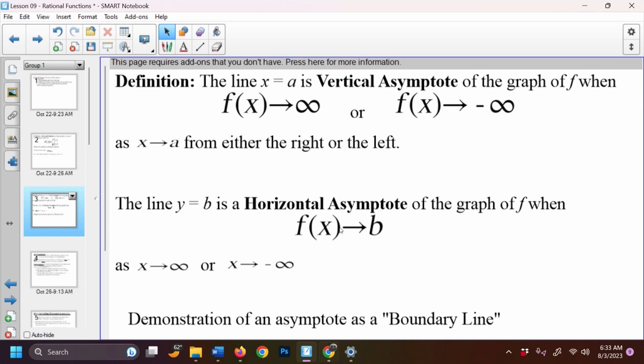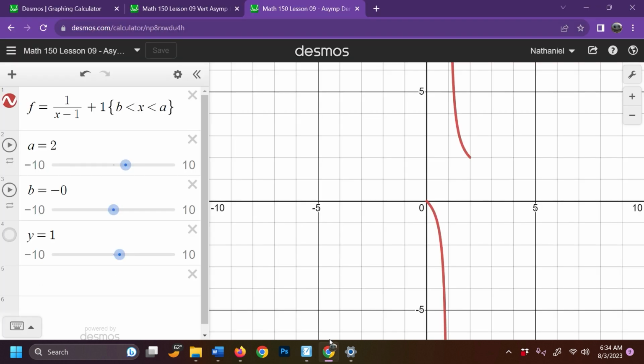So let's go back to Desmos. And we want to talk about a horizontal asymptote. So I'm going to say that this blue line is my horizontal asymptote, and my red curve is the function. So as the function tends towards infinity, as I plug in x values that get bigger and bigger, this function is going to tend to look like the horizontal asymptote.